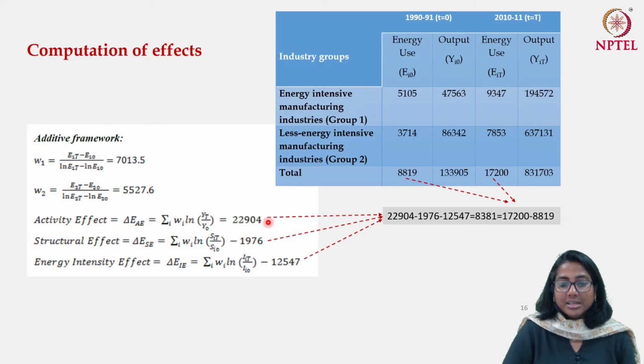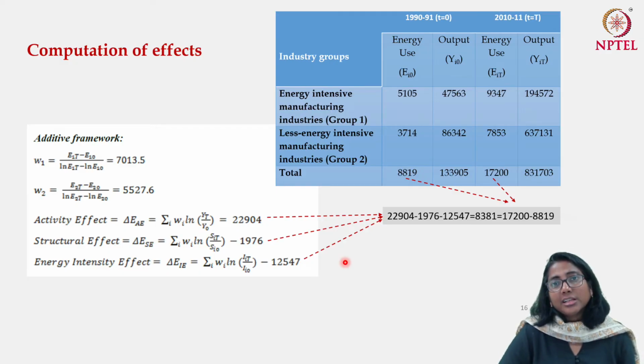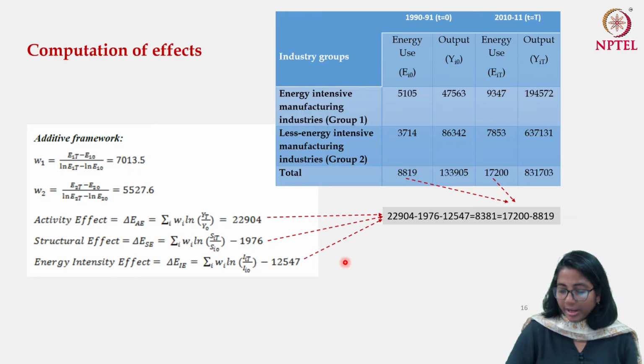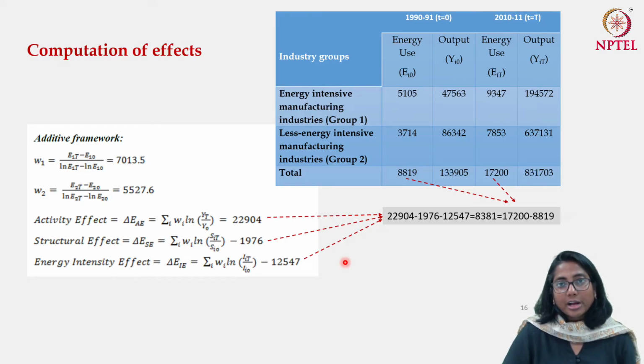The change in energy demand due to change in activity, change in energy demand due to change in structure, and the change in energy demand due to change in energy intensity. So this is how you can carry out a decomposition analysis based on this log mean Divisia index to understand the sources of changes for energy demand of a country or of any sector of the country. For example, we have done it for the manufacturing sector.